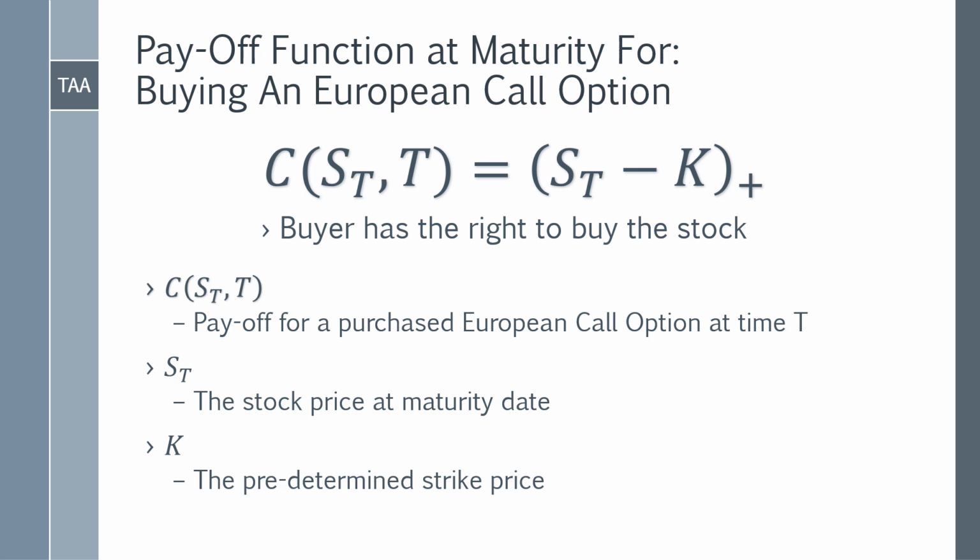As you can see, C of the stock price at maturity and the maturity date is equal to the stock price at maturity minus the strike price in brackets, but we're only looking at positive values. What the bracket and positive subscript means is that if it's negative, it will go to zero. So any negative value will stay as zero. And again, we'll see why in the next slide.